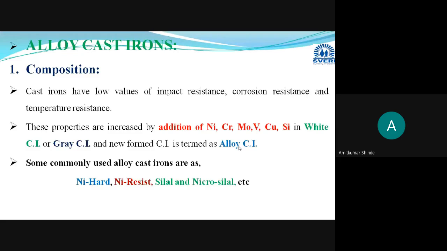That is nickel hard cast iron, then nickel resist cast iron, then silal and nicrosilal. These are a few examples of alloy cast iron. Now we will discuss them one by one along with their composition, properties, and a few specific applications. We will start with nickel hard.